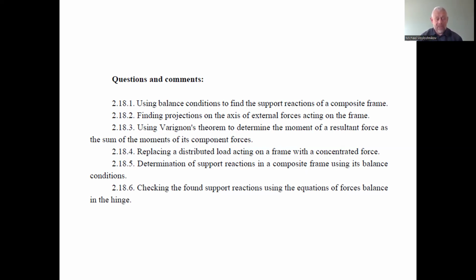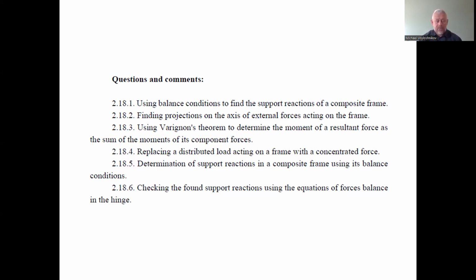But we can as well use the balance equations for the separate parts of the mechanical system. For the considered frame, we did this for the two rigidly connected rods on the one hand, and for the hinged rod on the other hand; we have separate balance equations, as well as for the integral mechanical system.